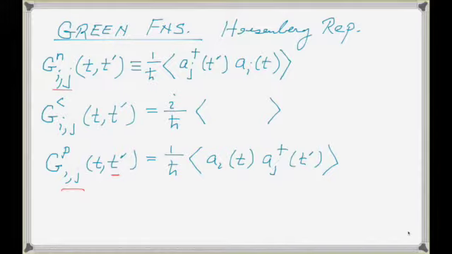Okay, so those are the two that we're trying to calculate, and you can immediately see by the way they're defined that, like Gn, the diagonal elements, if we set the two times equal, give the expectation value of finding an electron in state i, say, right?